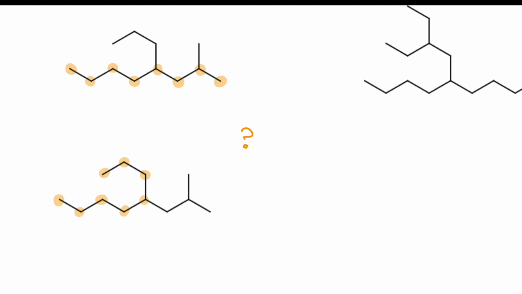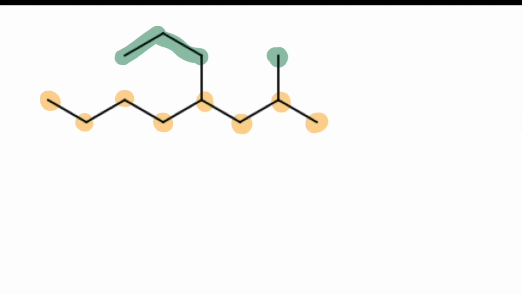So in this case here, this has just 1 substituent. Whereas if we pick this one, we have this and this, these 2 substituents. All right, so this is going to be our correct parent chain here, not the one down at the bottom. So I'm just going to get rid of that.